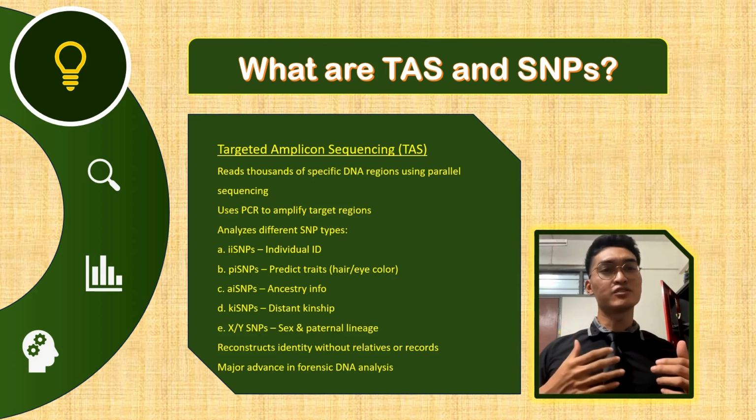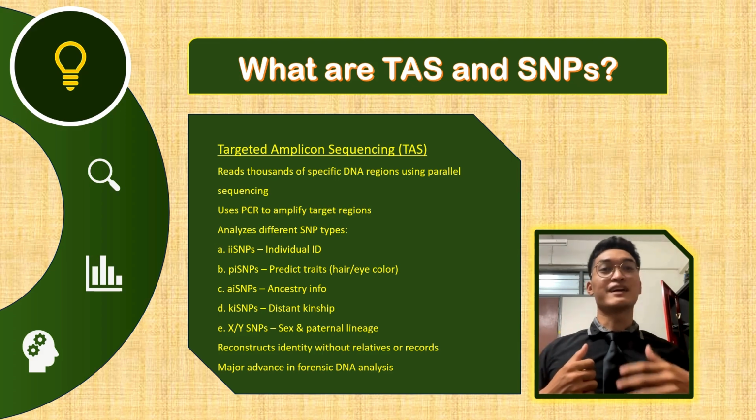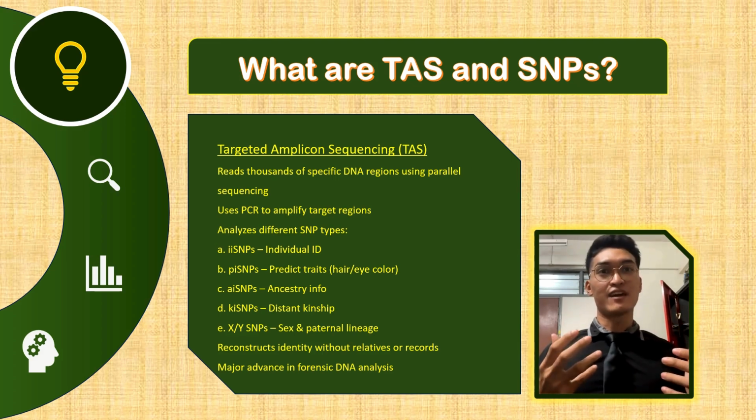Other SNP categories serve different forensic roles. Phenotype informative SNPs, PISNPs, can predict visible traits such as hair or eye color. Ancestry informative SNPs, AISNP, offer insights into a person's biogeographical origins, while kinship informative SNPs, KISNP, help establish distant familial relationships. Additionally, X and Y chromosome SNPs are used to determine biological sex and trace paternal lineage.